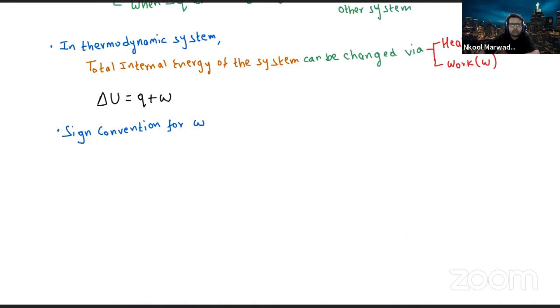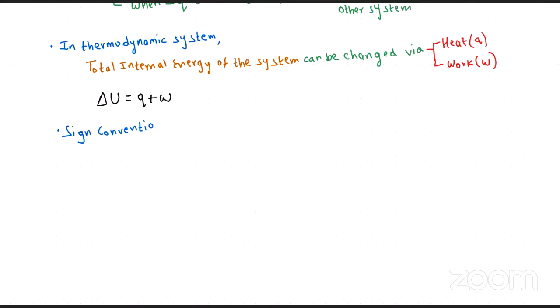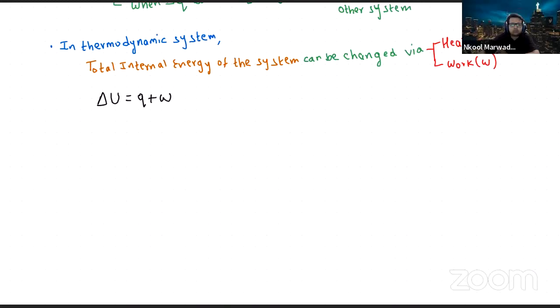Before that, let me define the terms, because everything is very important. So first let us define all this. What is Q? What is W? And what is delta U?